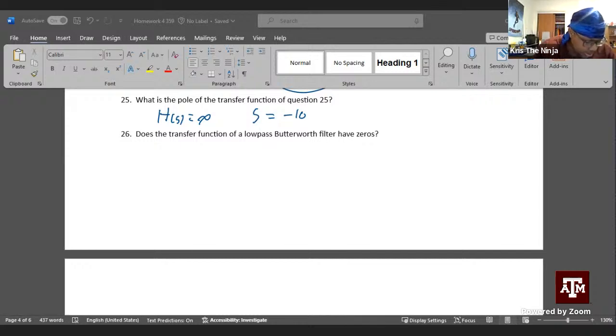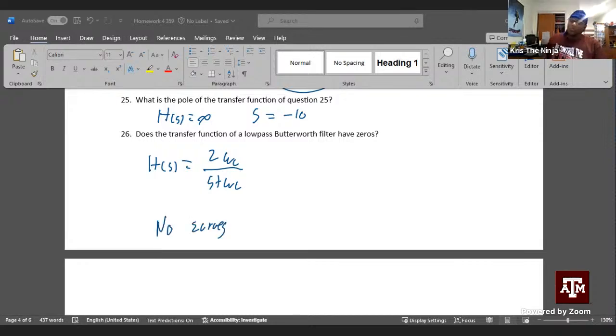So let's just say a first order H(s) has a gain of 2 times omega C over s plus omega C. As you can see here, there's no s in the top of the value, so it has no zeros.